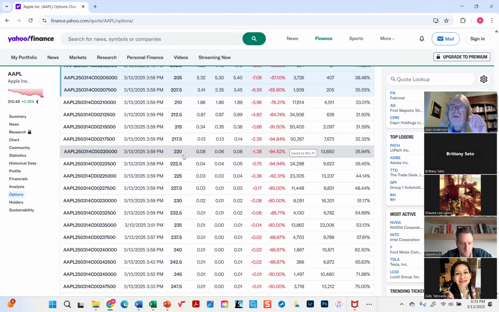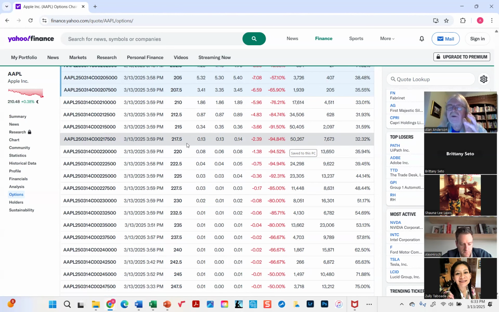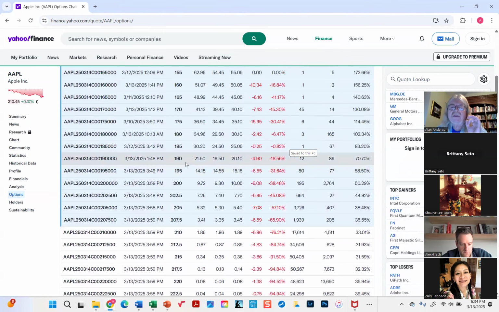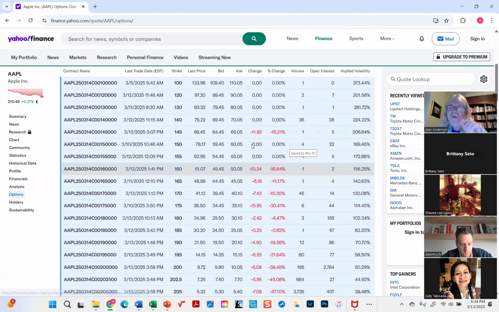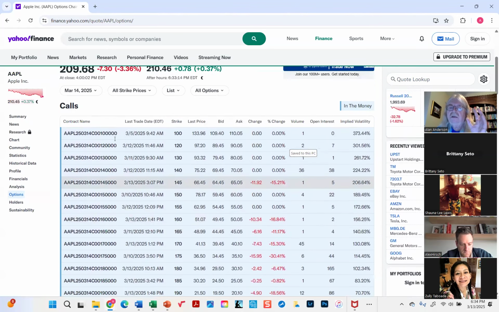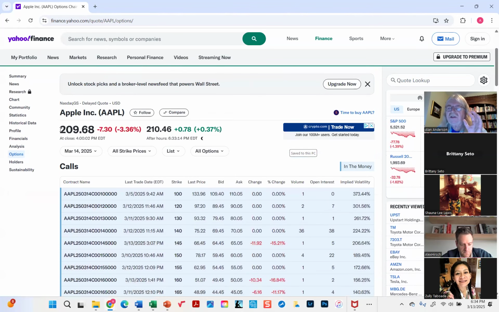So for hedging purposes, there's going to be other considerations depending on what kind of asset it is and what kind of business you're in and what you plan on doing with it. But for speculative purposes, the ones with the low strikes here are very expensive, but the price of the stock is already above those levels. So already you're making some money.